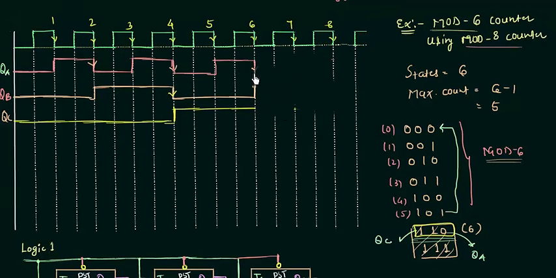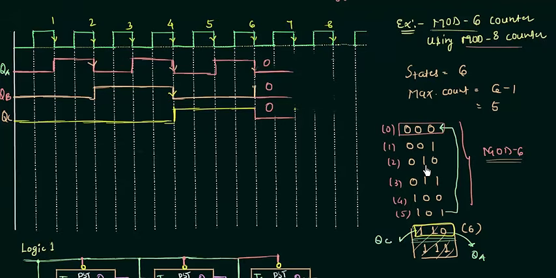Okay, and we have QA as 0 for the next falling edge, and in the same way we have QB as 0 and QC as 0. So once we have the 6 clock pulses passed, we have 0 0 0. We are again back to 0 0 0. So this is how mod 6 counter works.